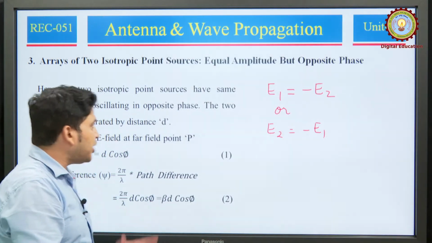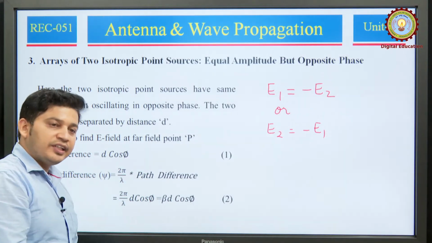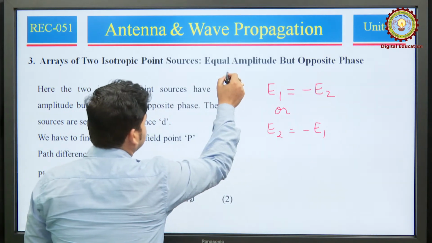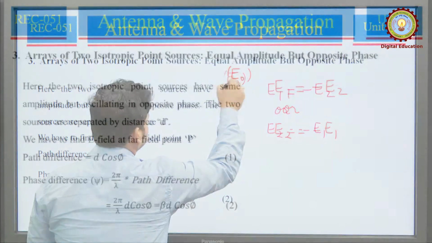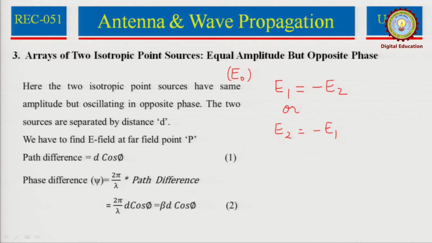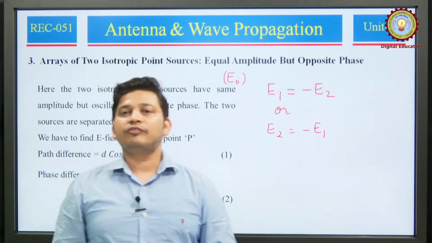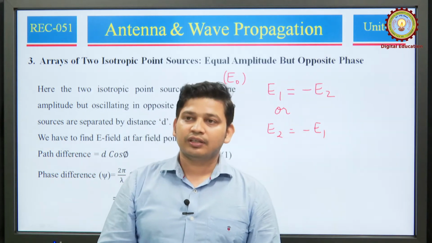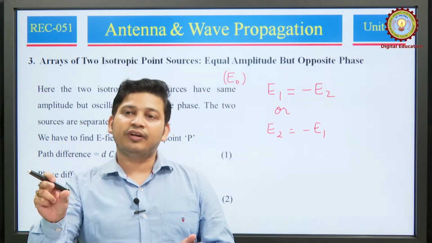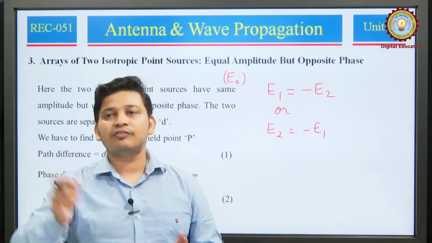Here we consider two isotropic point sources having the same amplitude E naught and oscillating in opposite phases, and both are separated by a distance d. First, we have to find the path difference, and then move to the calculation of phase difference. Path difference is the length travelled by the EM wave towards the point in the far field.